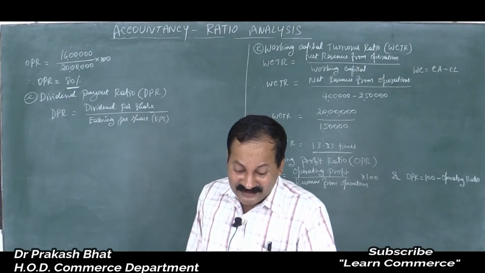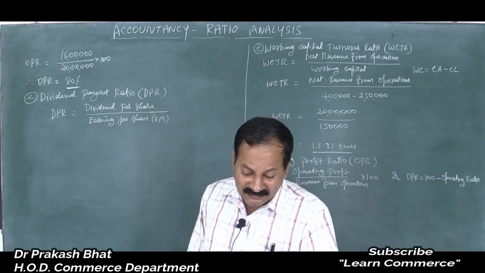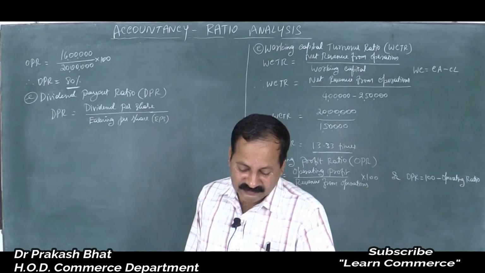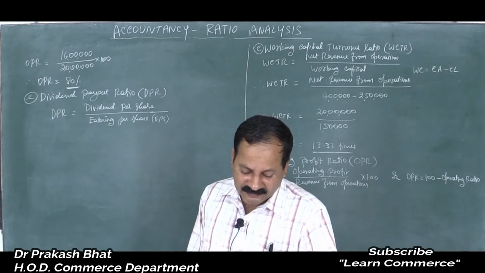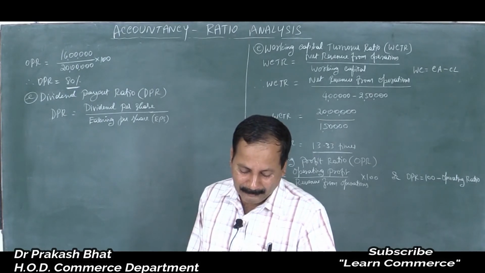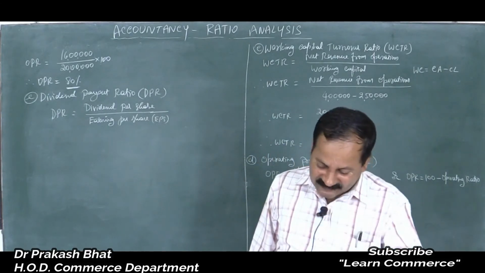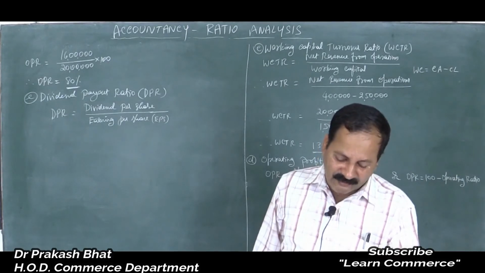So we need dividend here. Dividend will be given on shares. Market price is given, net profit after tax is given, tax amount is given. How to calculate dividend per share now?